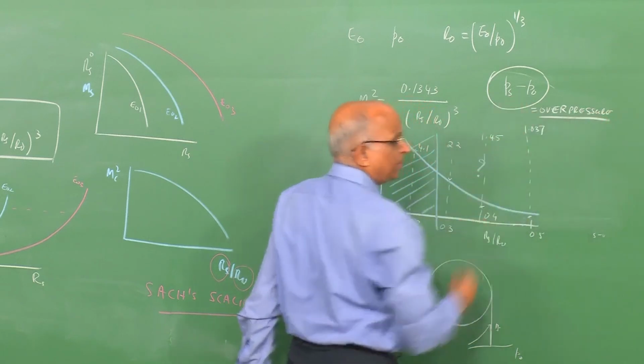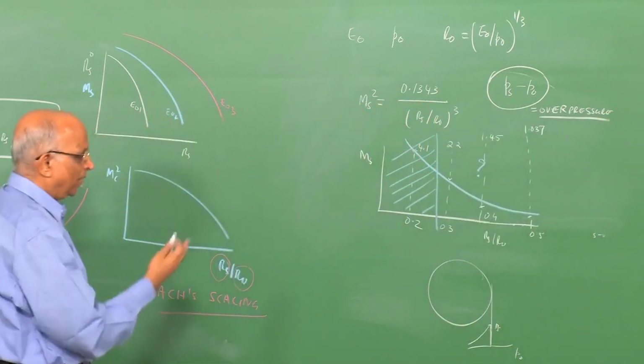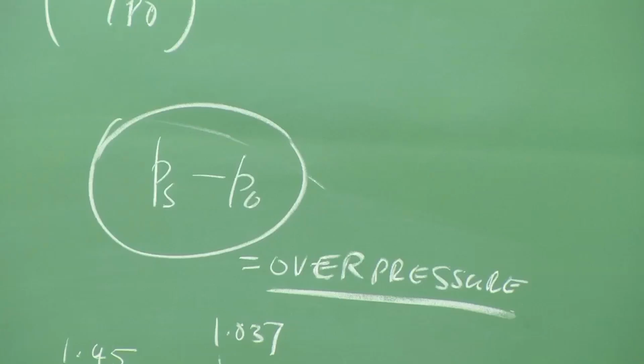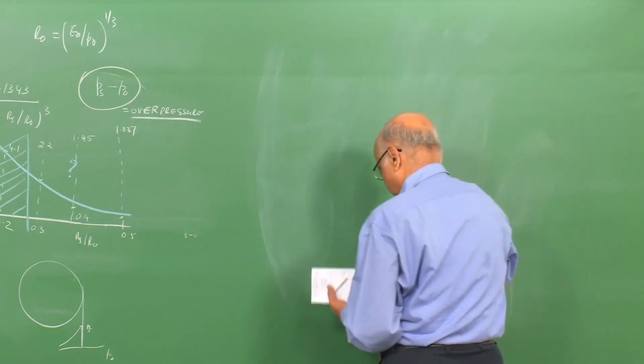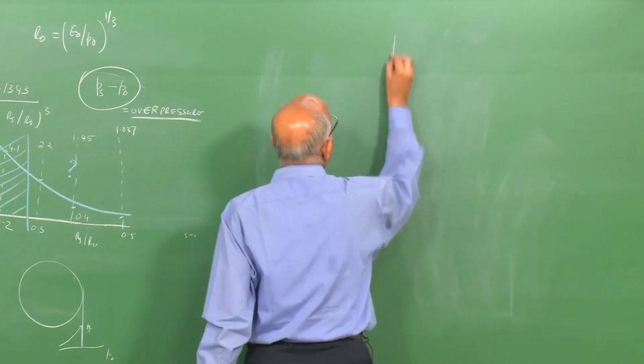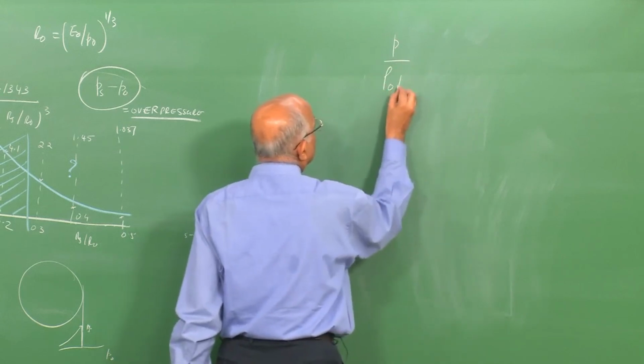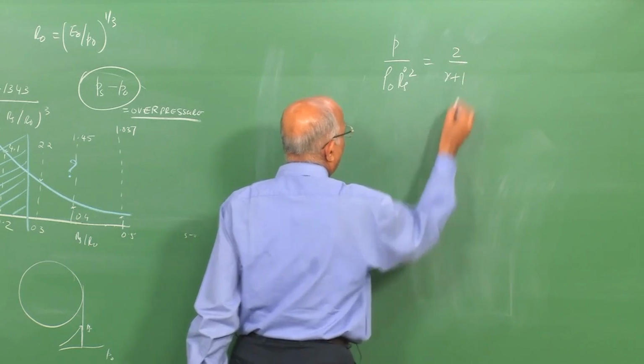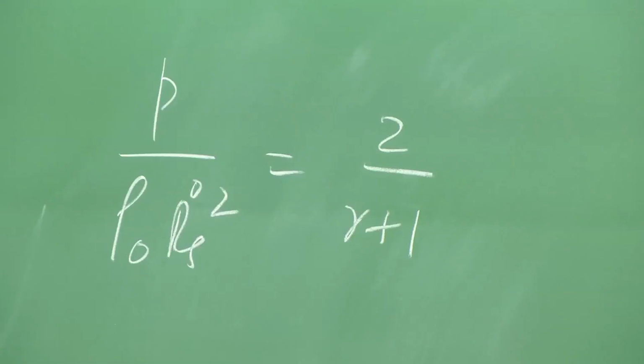Let us try to get an expression for the overpressure also. It is quite simple. We have done this already in a sense, in that we know the value of the shock pressure, that means P by rho naught Rs dot square is equal to 2 over gamma plus 1 for the particular case of a strong blast wave, that means in this particular region.